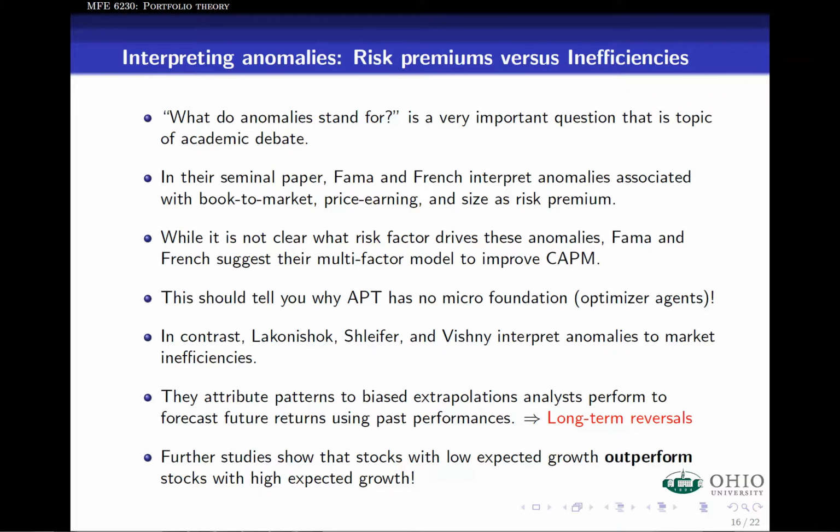In essence, they extrapolate the past performance a lot more than they should forward, and that's why the future performance is well lower than what they expect. Their extrapolations of the past performance are biased. They are overly optimistic, and this means that in the long run, the returns are going to go, for example, against what they think, right?